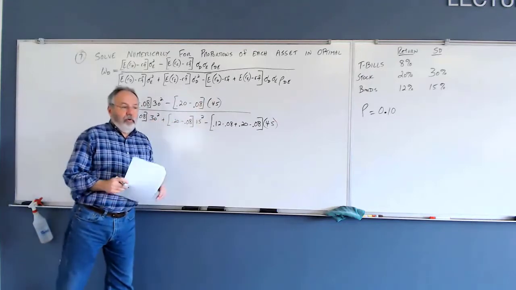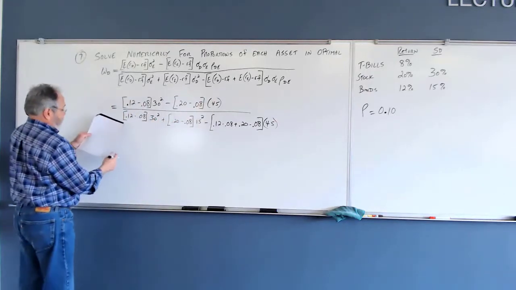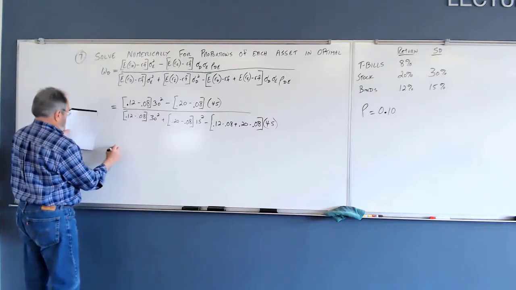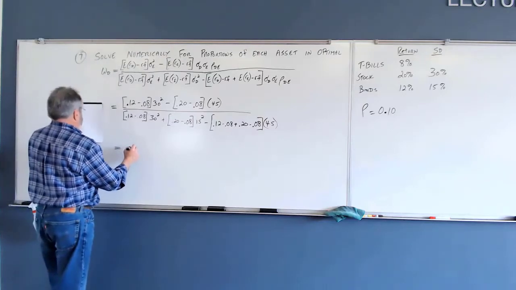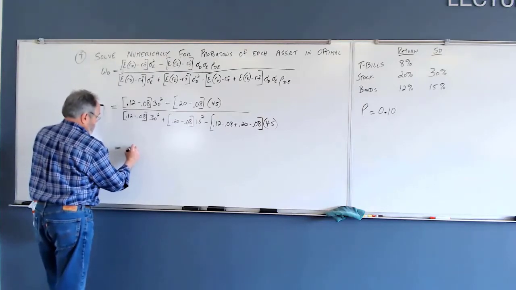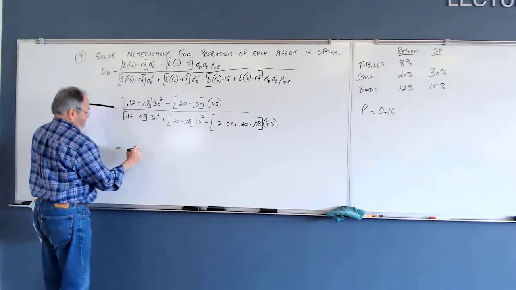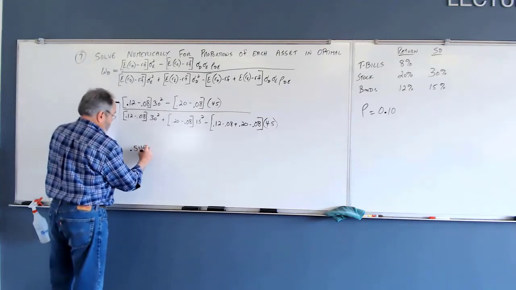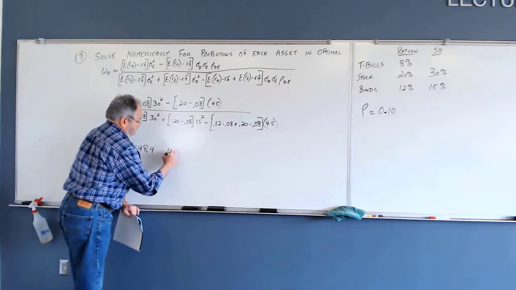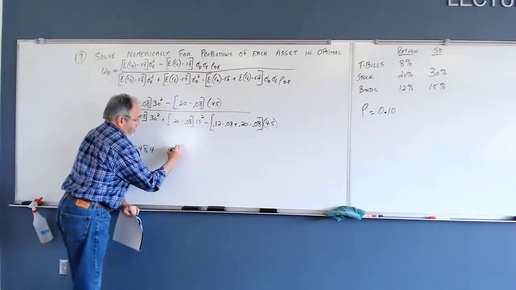All the numbers from our formula. We do the math associated with this. 0.5484, weight in debt optimal.